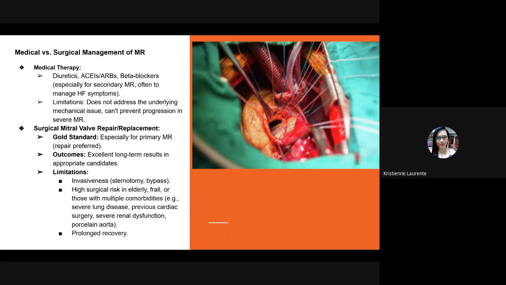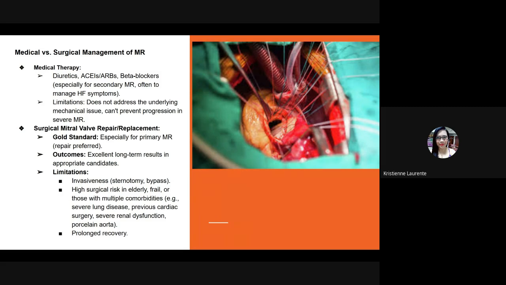It cannot prevent progression of severe MR. So medical therapy plays a really foundational role, especially in patients with chronic MR and heart failure. It is primarily aimed at symptom management and controlling any associated conditions like hypertension or atrial fibrillation, but it does not fix the underlying mechanical problem of the leaky valve.